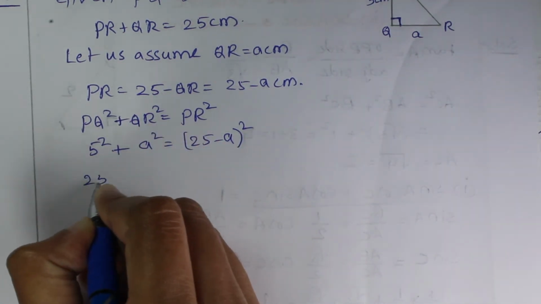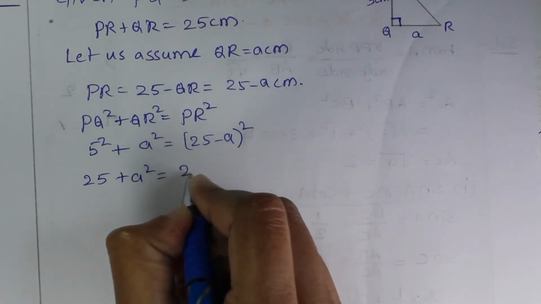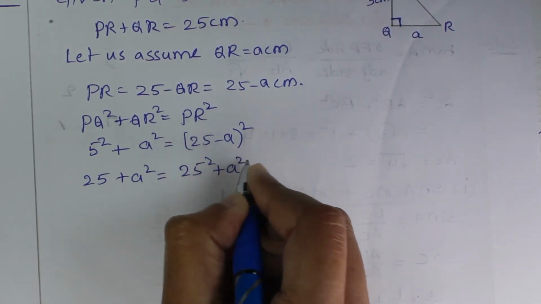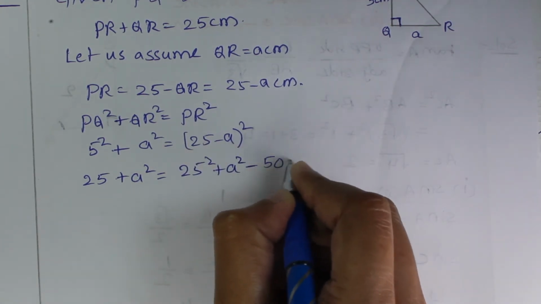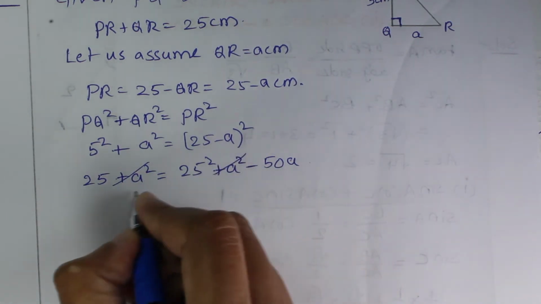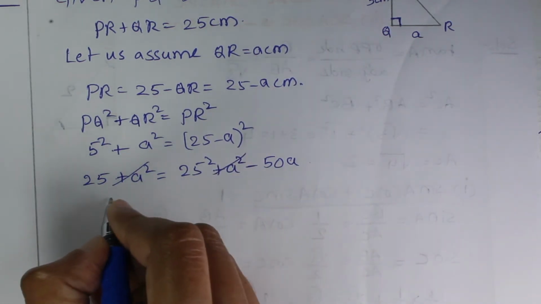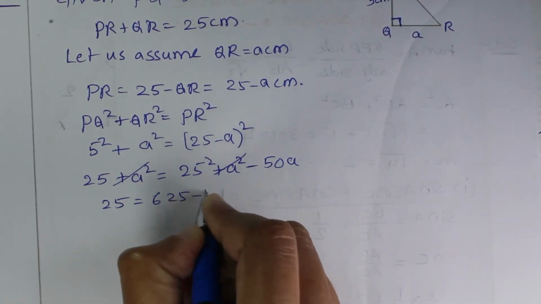5 square is 25 plus A square is equal to 25 square plus A square minus 25 into 2, 50A. Okay, A square gets cancelled on both the sides. 25 is equal to 25 square, which is 625, minus 50A.